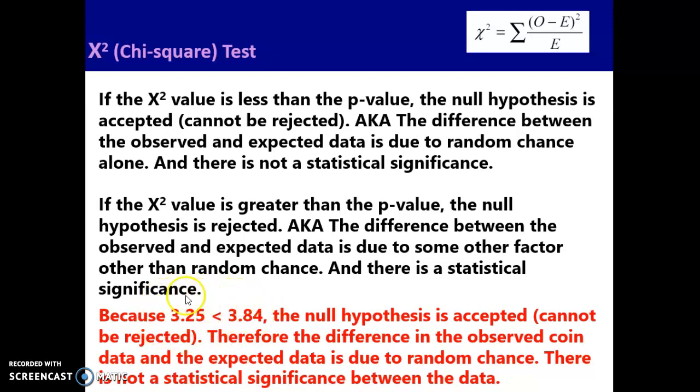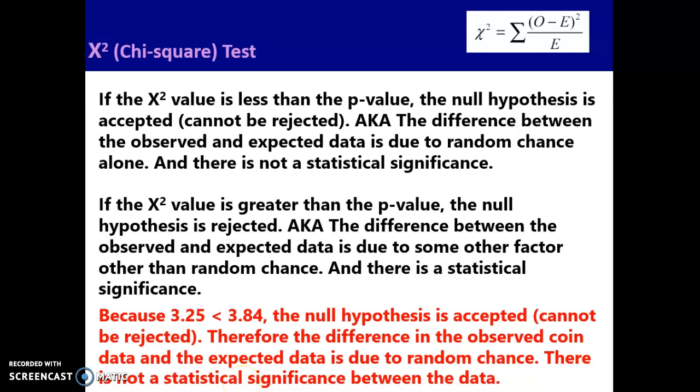If our number that we calculated is smaller than the p-value, we accept our null. That tells us that the number of coin flips that we got was close enough to what we expected. There is no significant difference between what we got and what we expected, so the differences in our data are just due to random chance.